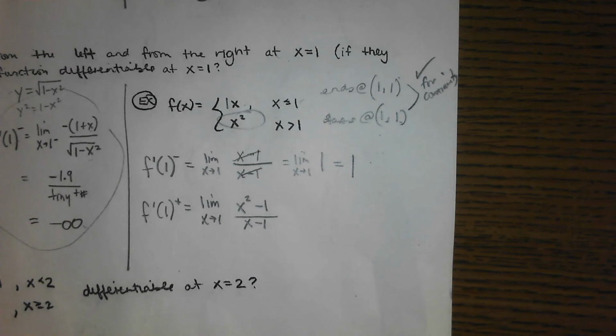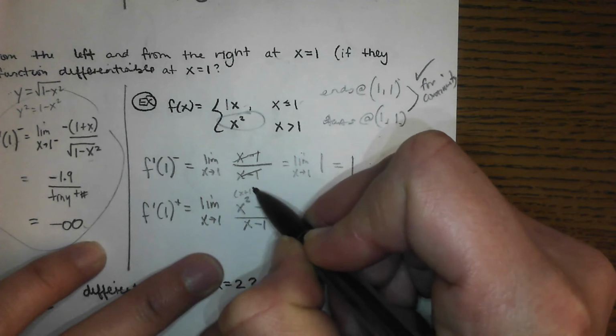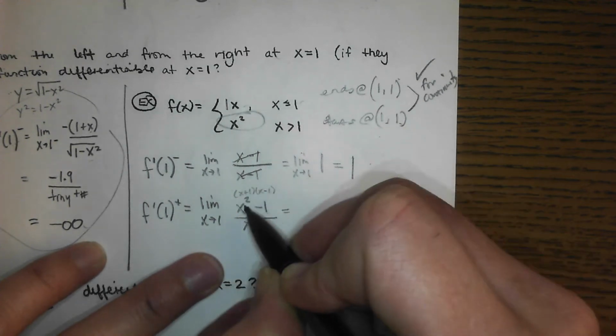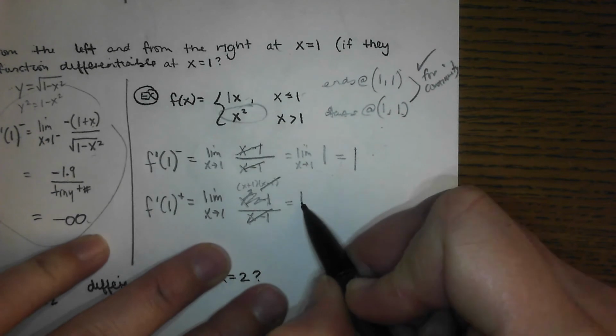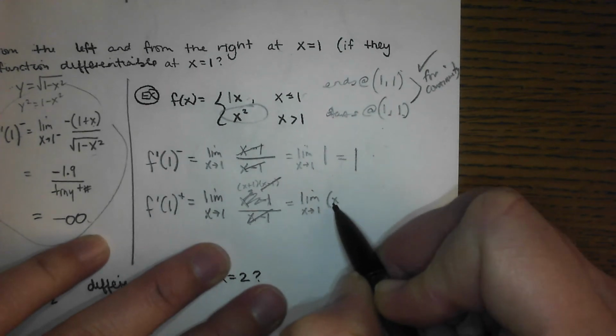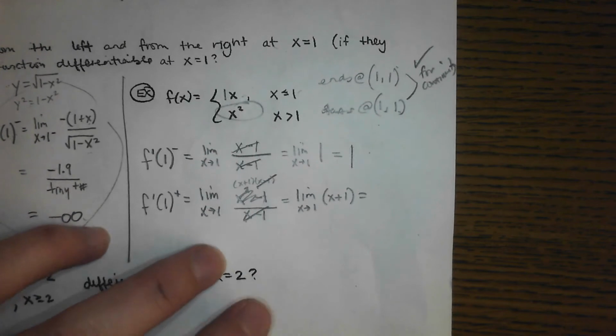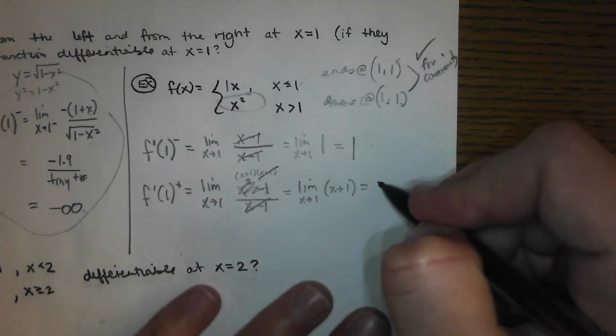Direct evaluation, 0 over 0, but pretty easily I think you can see x plus 1, x minus 1 factoring will take care of this x minus 1. And so to get our answer, we just need to find the limit as x approaches 1 of x plus 1. And what will that be? 2.